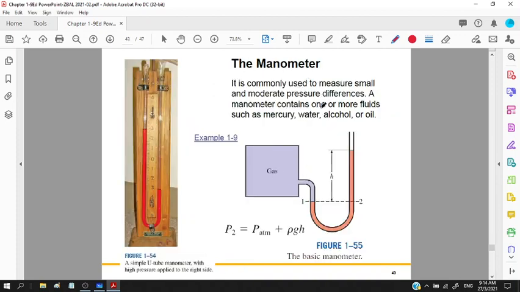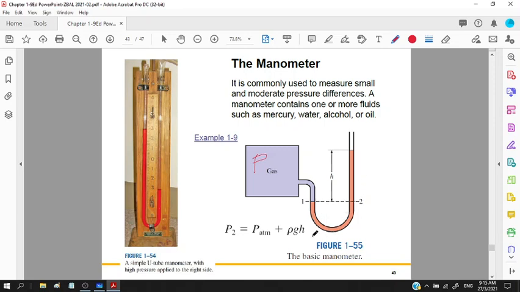Next we go for the manometer. This is a manometer. A manometer is usually used to measure P gauge. So if you want to know the P of this gas, the whole gas is subjected to the same pressure. So what is P gas? The P gas is equal to the P1 right here, the beginning of the manometric fluid inside this U-tube.